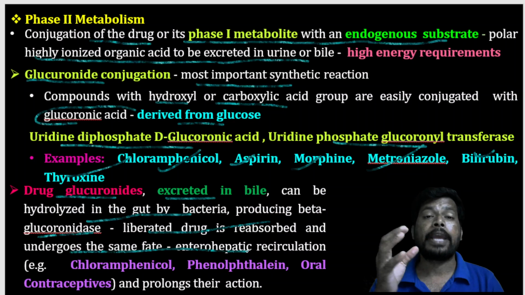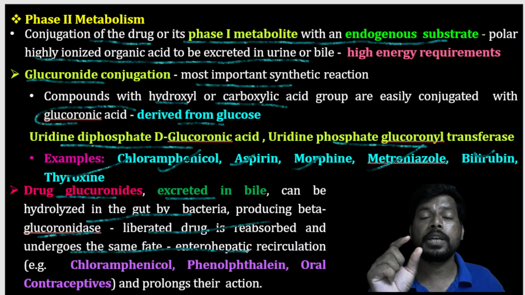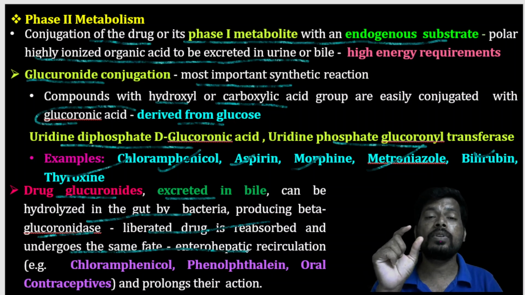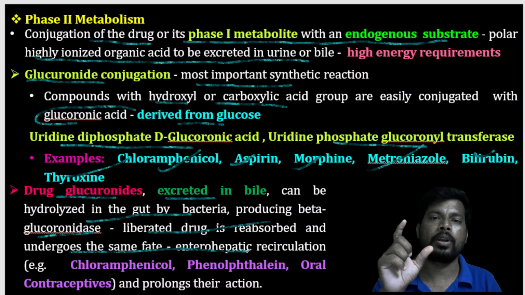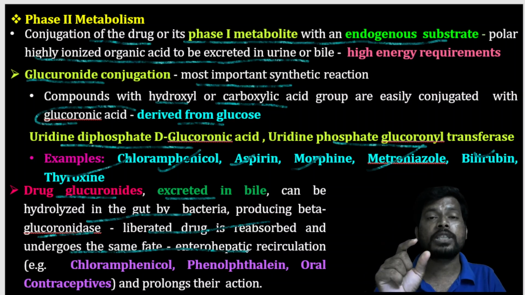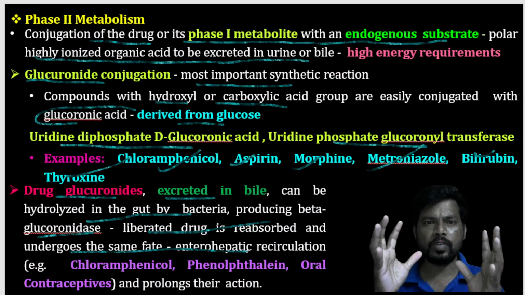So the drug molecule which is ready to be metabolized forms a complex with the conjugate because of a covalent bond. Sometimes this conjugate, passing to the intestine, has a chance of breakdown by the enzymes. So during this, exogen and endogen will be separated.